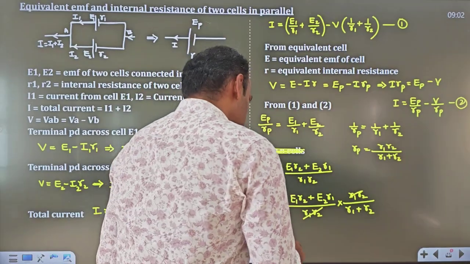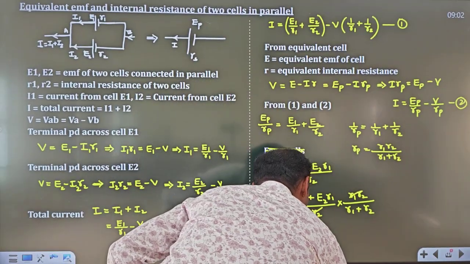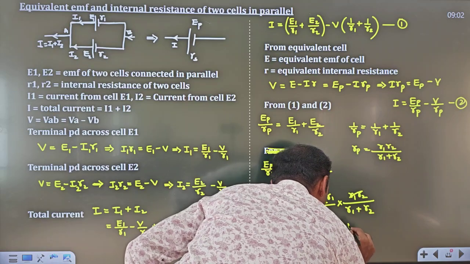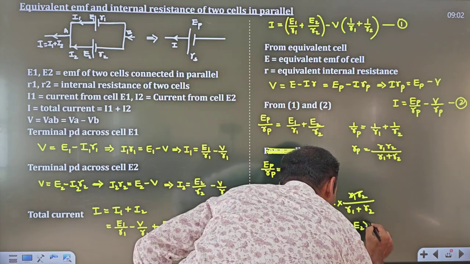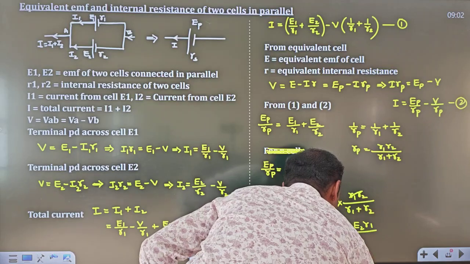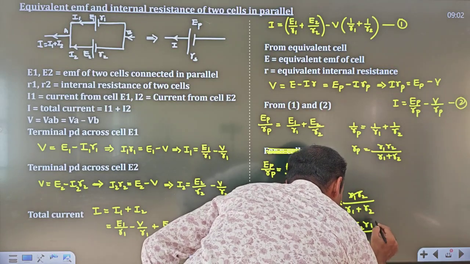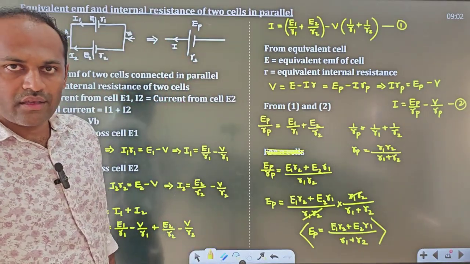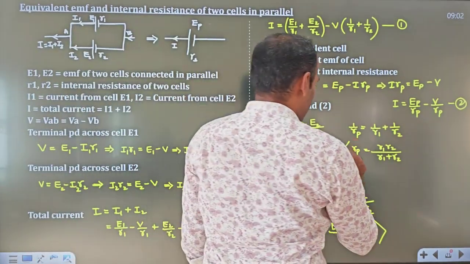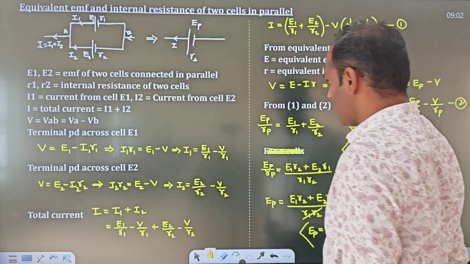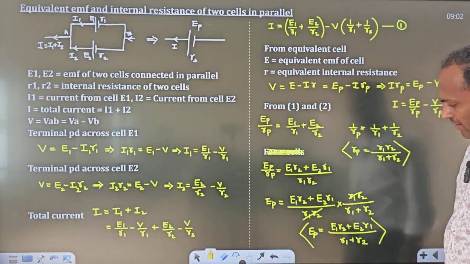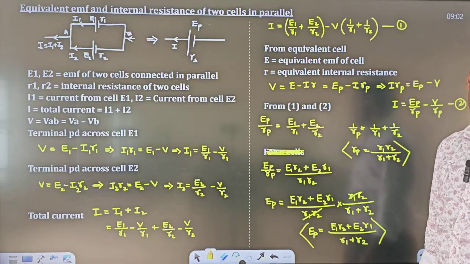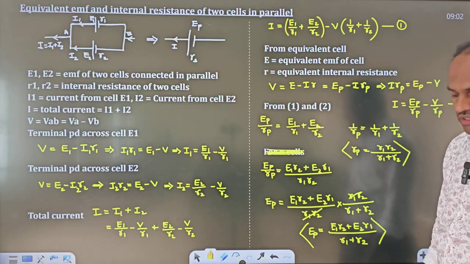So finally EP I will get it as E1 into R2 plus E2 into R1 divided by R1 plus R2. Correct? So this is the effective parallel EMF and this is the effective internal resistance. When two cells are connected in parallel, this is the effective EMF and this is the effective internal resistance. Hope you understood this derivation.